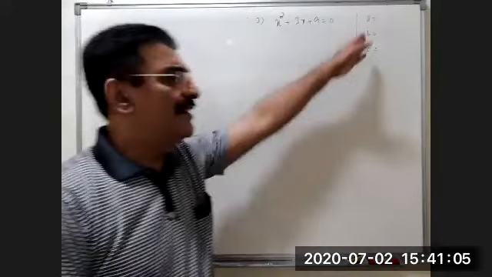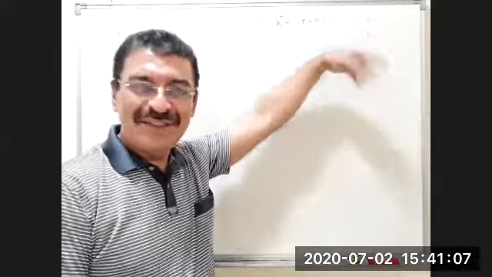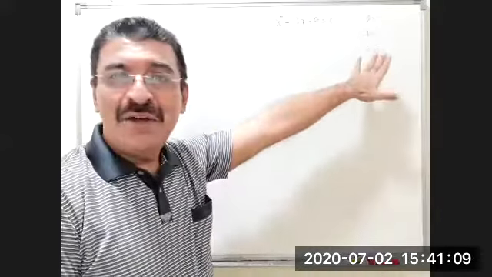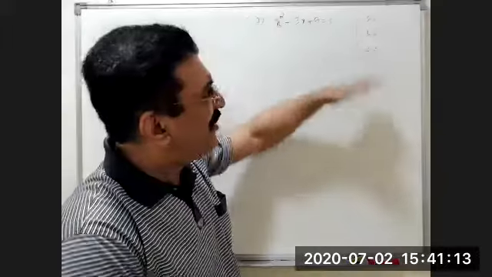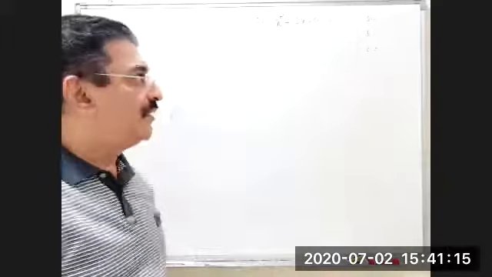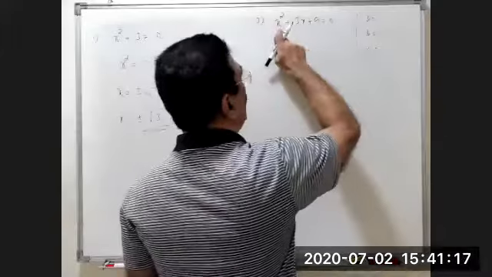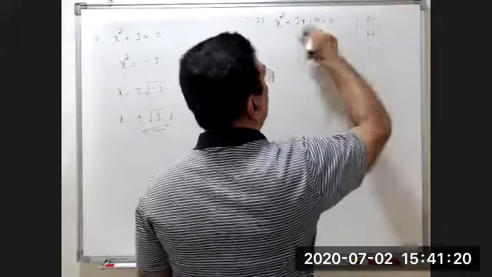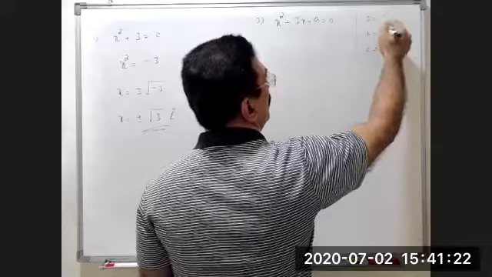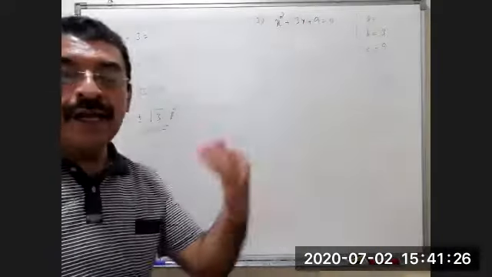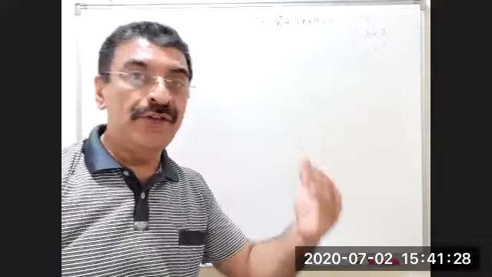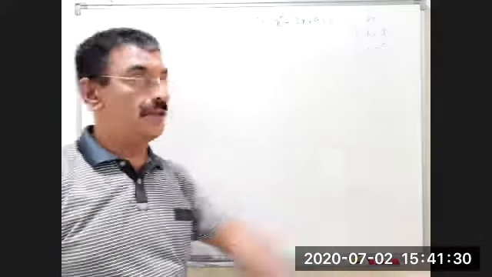This is too childish. You learned in class 10, but still writing it. Now, in class 11, being senior secondary students, don't waste time writing a, b, c, d, do it in your mind. a, coefficient of x squared, 1. b, coefficient of x, 3. c, constant. Make sure that this is given in order: ax squared plus bx plus c. First x squared term, then x term, then constant.